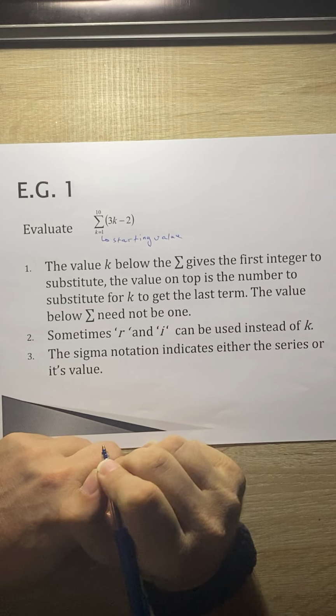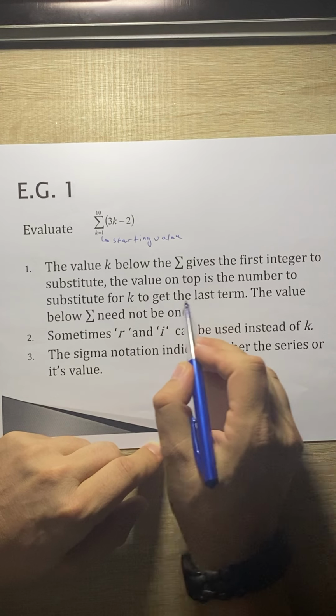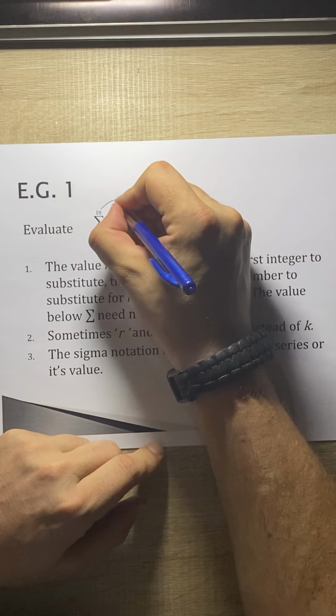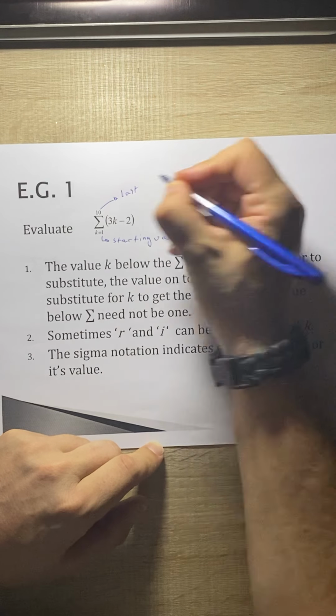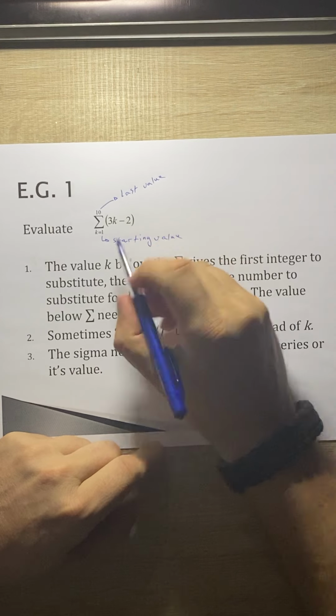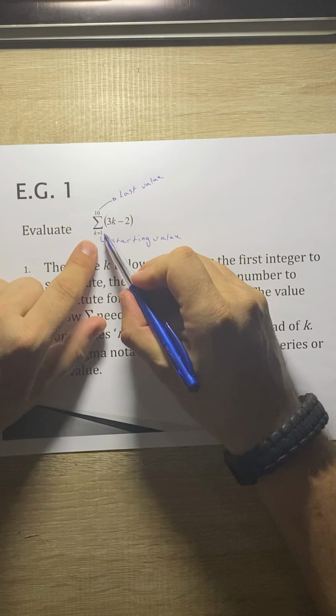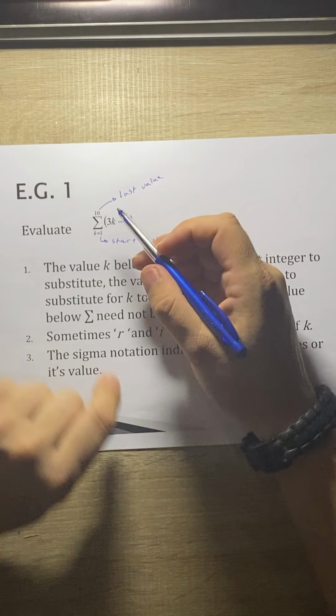That's where you're going to start. Then the value at the top is the number to substitute for k to get the last term. This is where we're going to stop. What's going to happen here is we're going to increment it. So we start when k is 1, then k is 2, k is 3, k is 4, all the way up to 10.